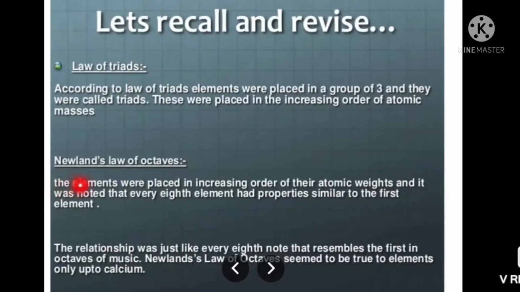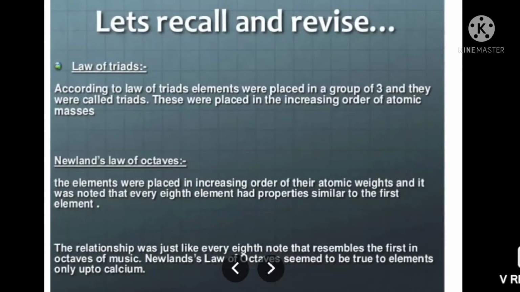According to this law, the elements were placed in increasing order of their atomic weights, and it was noted that every eighth element had properties similar to the first element. In other words, he found that the properties of elements were repeated at every eighth element, like the eighth note of an octave in music.